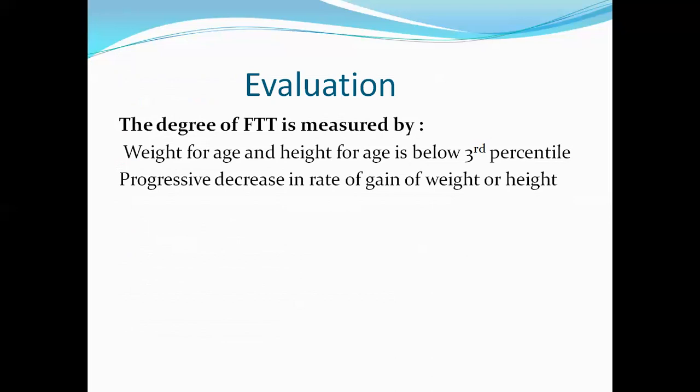Maybe at this moment the baby's weight is okay for the age or height is okay for the age, but it is progressively decreasing in velocity of the weight, velocity of the growth. That will give us a clue that this baby may eventually land into the failure to thrive category or severe acute malnutrition.